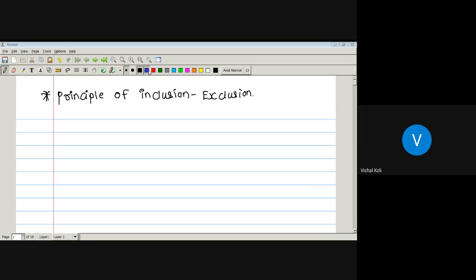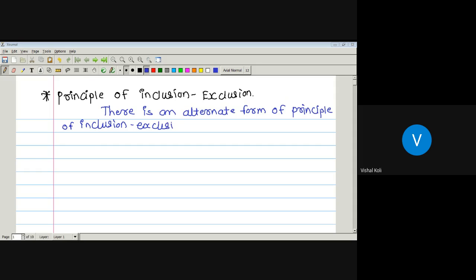There is an alternate form of the principle of inclusion and exclusion that is useful in counting problems.